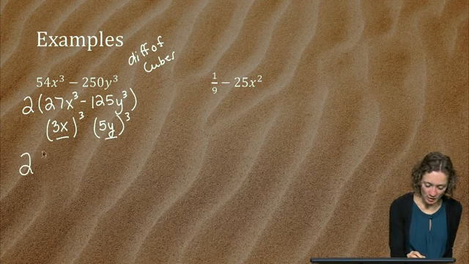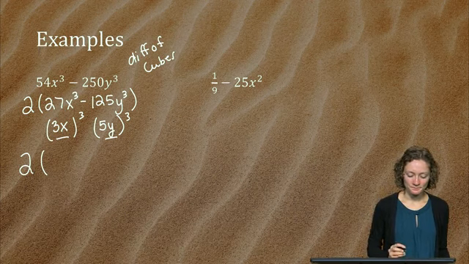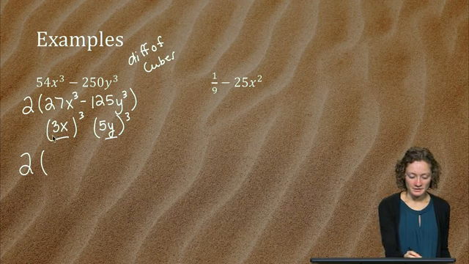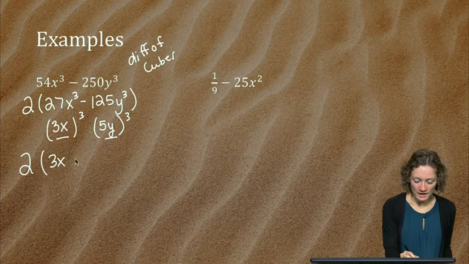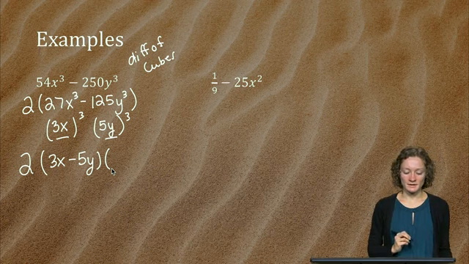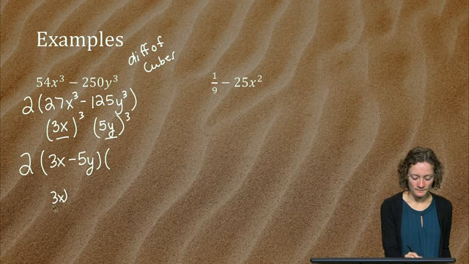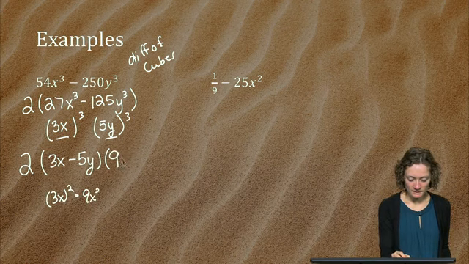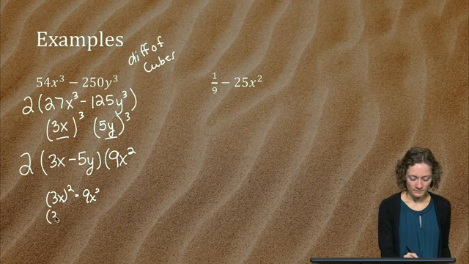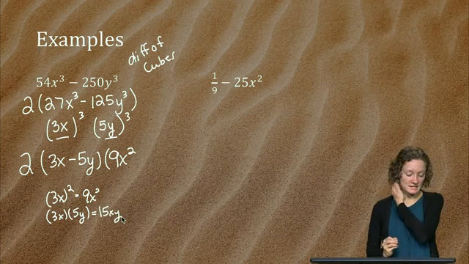Now, the 2 is part of the answer, so tack it onto the front right away, or do it later, doesn't matter. So this formula is difference. Start out with 3x minus 5y times the quantity. This base squared, which is 9x squared. Then ab, 15xy.